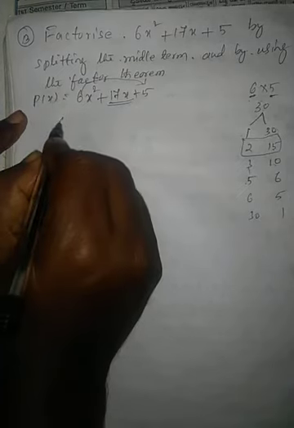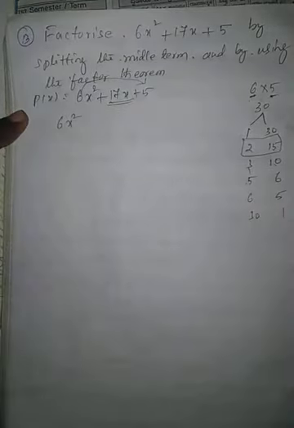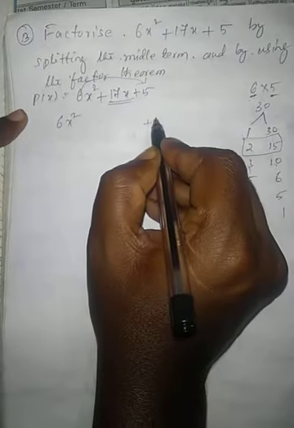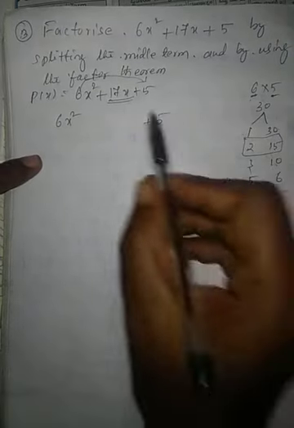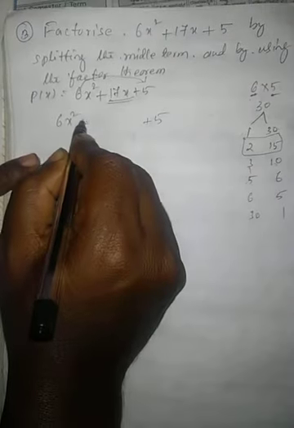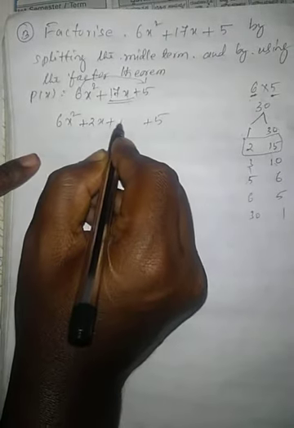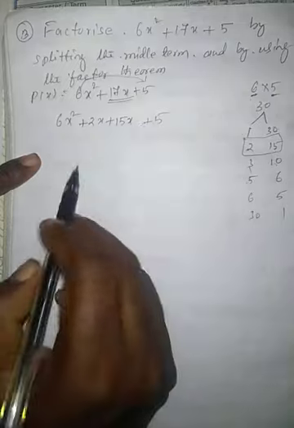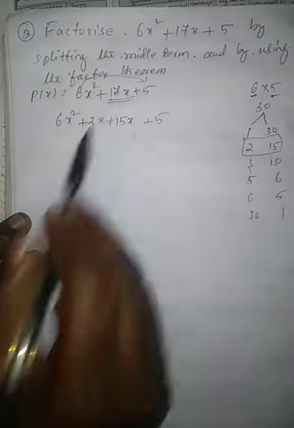So 6x squared as it is, and the last number 5 as it is, and 17x. You have to split the middle term: 17x is 2x plus 15x, since 2x plus 15x is 17x.